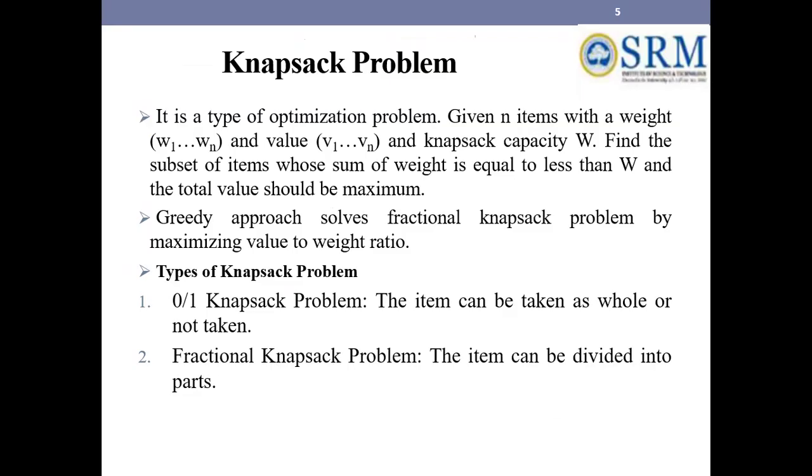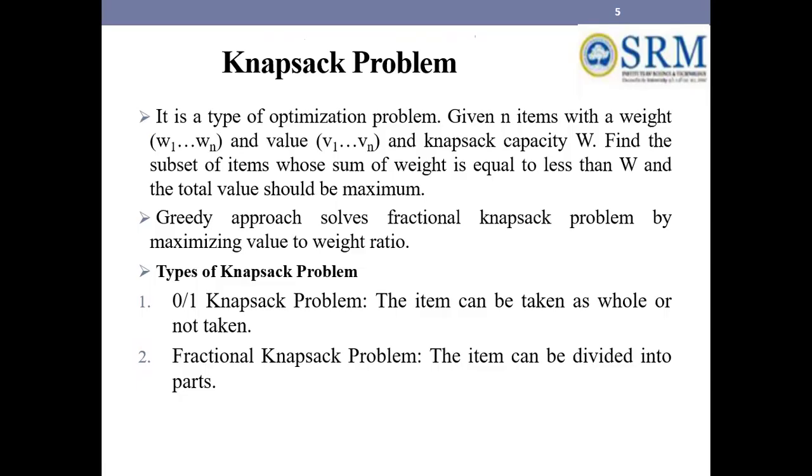N weights and values are given. The problem is to find the subset of items that we can put in the knapsack. The sum of weights is equal to or less than the capacity of the knapsack W, and the total value should be maximum. There are two types of knapsack problem: the 0-1 knapsack problem and the fractional knapsack problem.